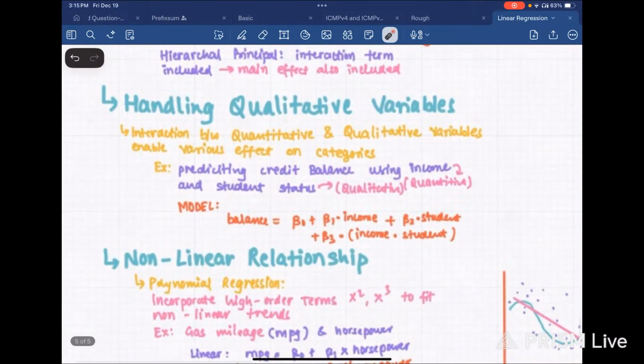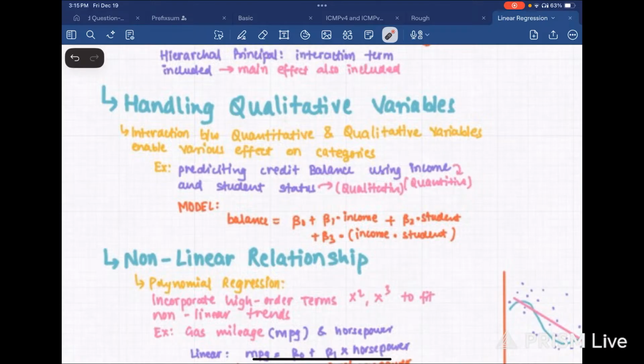Handling qualitative variables: the interaction between quantitative and qualitative variables enables varying effects across categories. For example, predicting credit balance using income, which is quantitative, and student status, which is qualitative. The model will introduce this based on that.